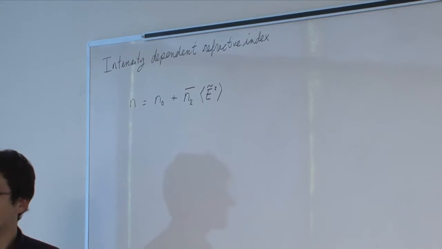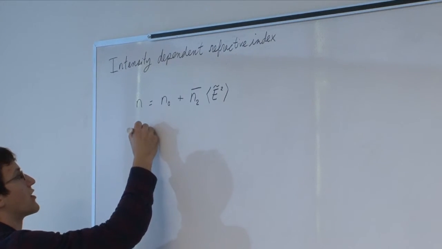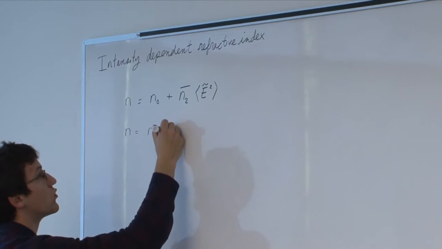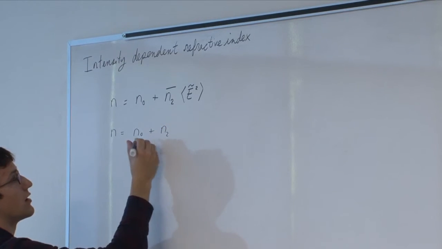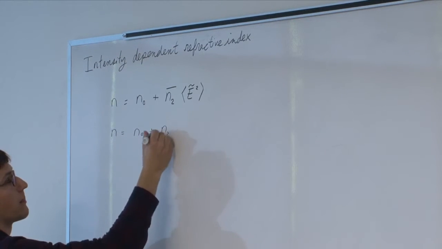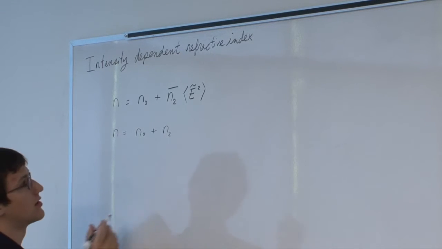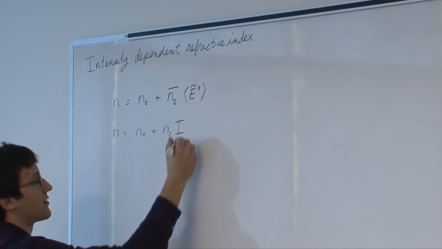But more recently, and for practical reasons, there is another way of expressing this, by going directly to the intensity. So you have the linear refractive index plus another parameter, which is basically the same thing up to some factor, times the intensity.